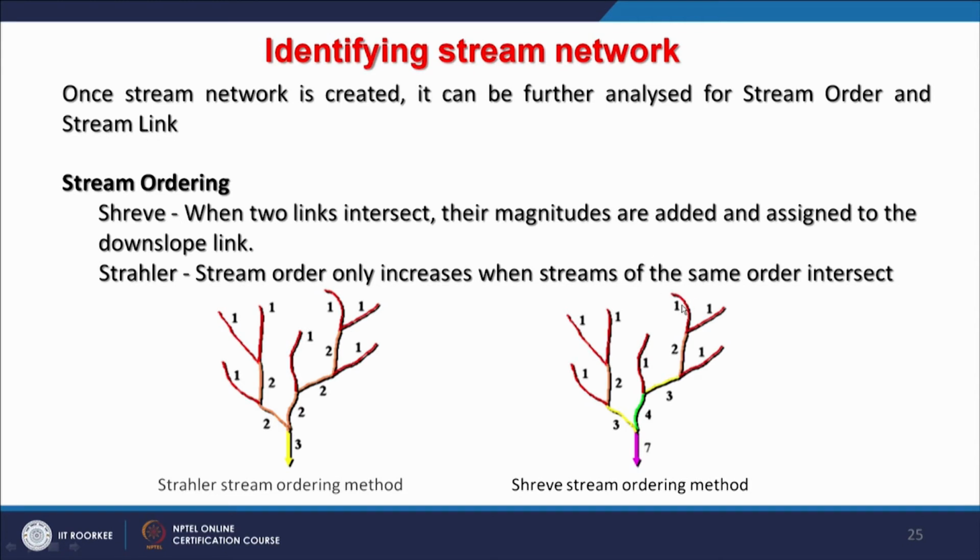Example here for the same schematic drainage network: when first orders meet, it becomes second order. When second order and first order meet, it becomes third order on the downslope side. When first order and third order meet, it becomes fourth order. When third order and fourth order meet, it becomes seventh order.